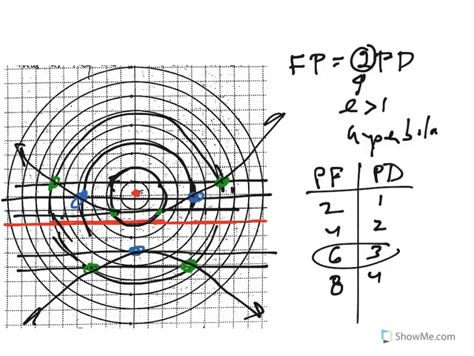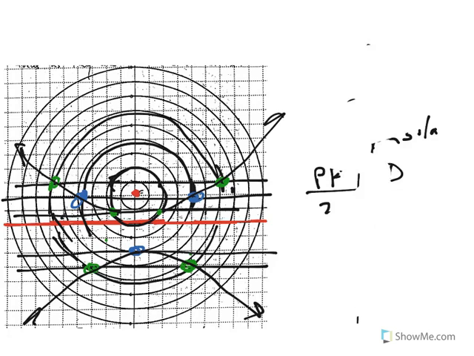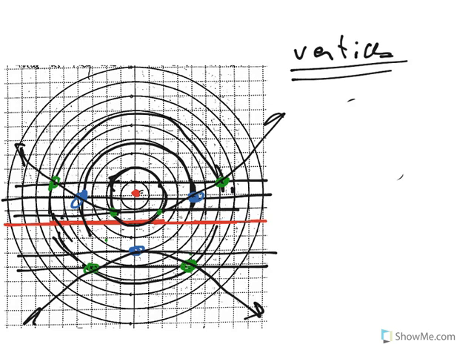Now, two remaining questions about this hyperbola are: is there a quick way to get the vertices of it, and what's the equation of it? So let me first show you about the vertices. For the vertices, I'm going to draw this line here.